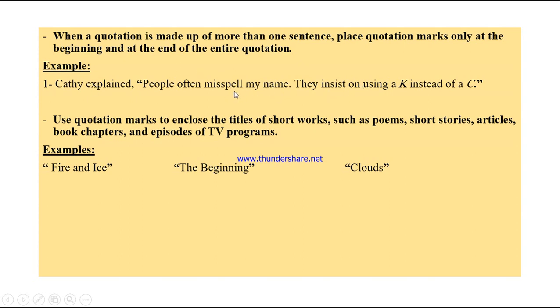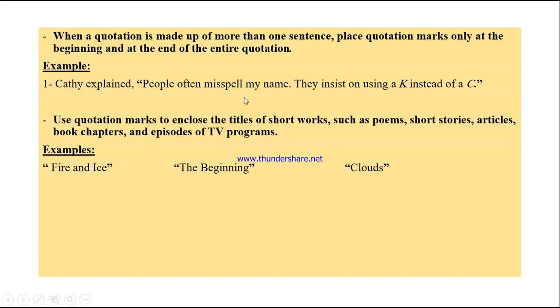Put the entire quotation that has been said by the same person between inverted commas, one at the beginning and one at the end of the entire quotation. Kathy explained, "People often misspell my name. They insist on using a K instead of a C."